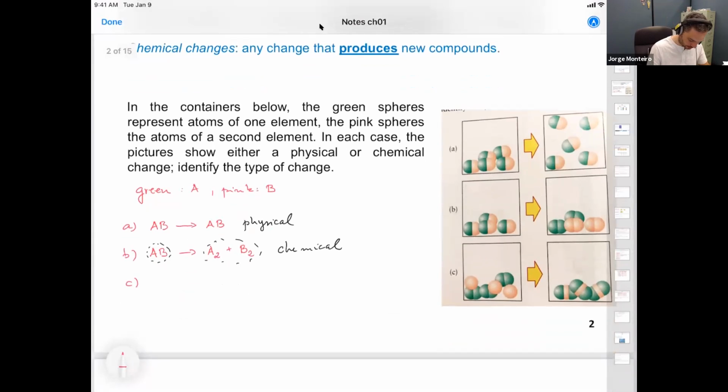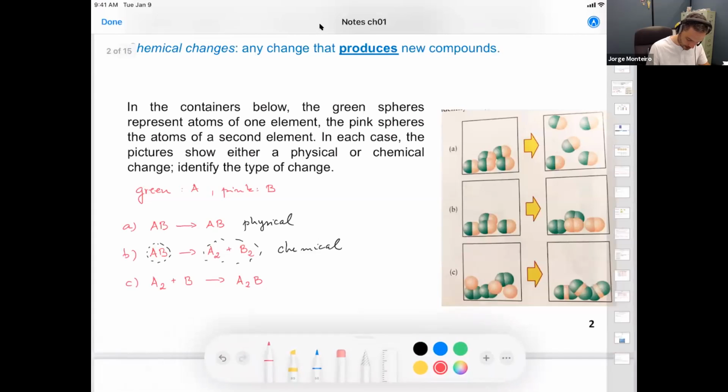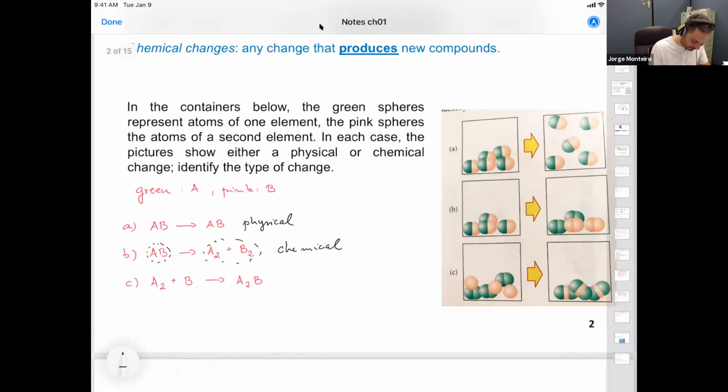And then finally, C, we started with A bonded to A and B by itself. After the transformation, we have ABA that you can represent as A2B. And it's always the same thing here, guys.